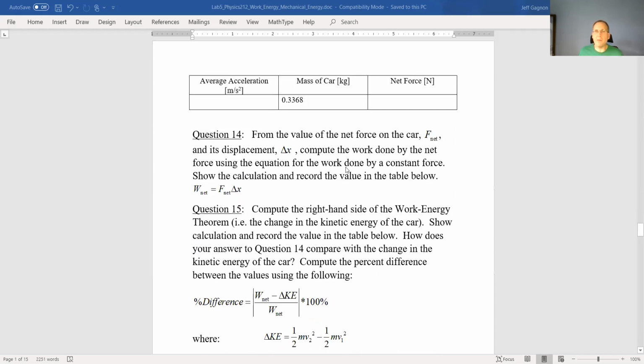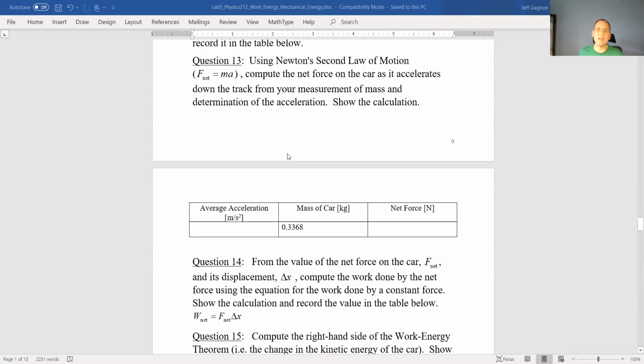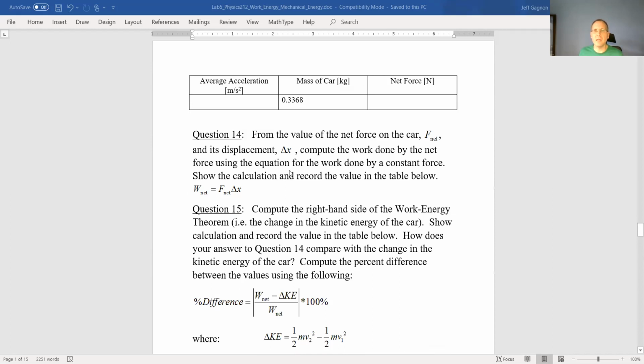Okay, once you have that net force, and we know the displacement, that's 0.6, and we know the angle between those two values. Since the net force is simply going to be the tension, and the displacement is along the track, the angle between those two is 0 degrees. So really this should have times cosine of the angle, but cosine of 0 is equal to 1.